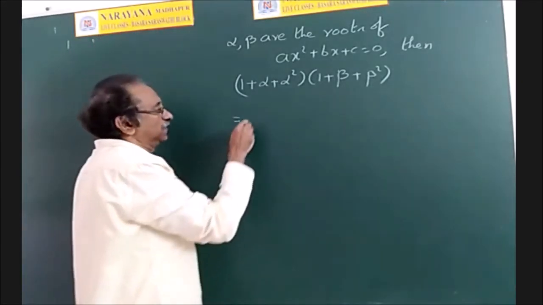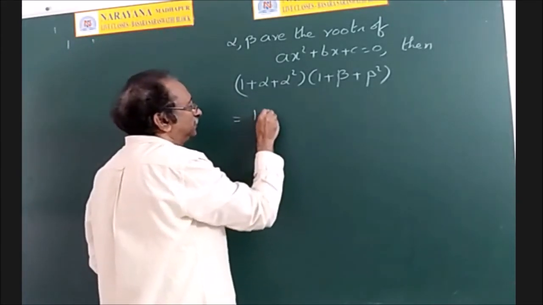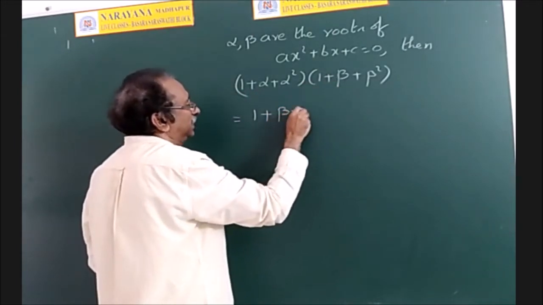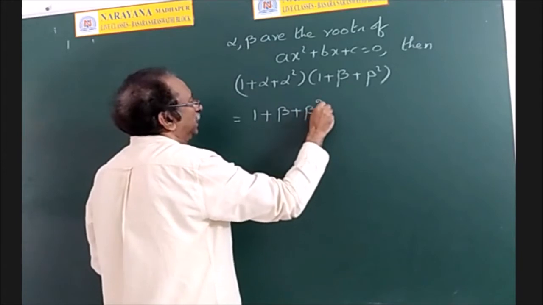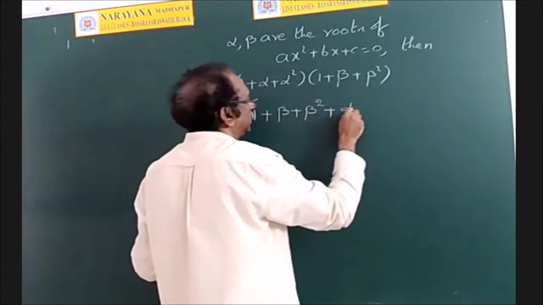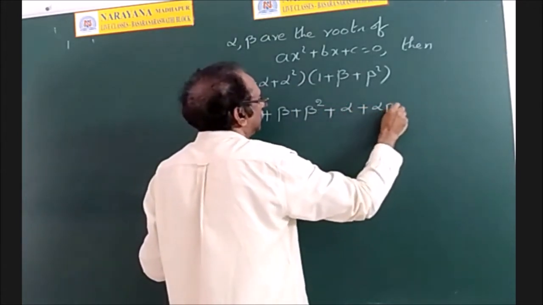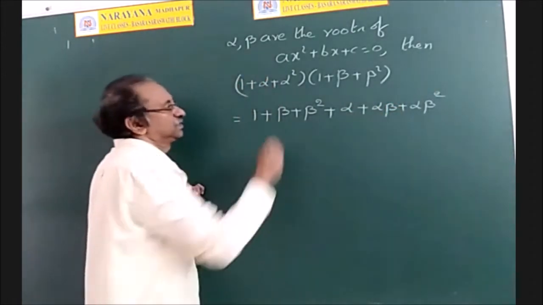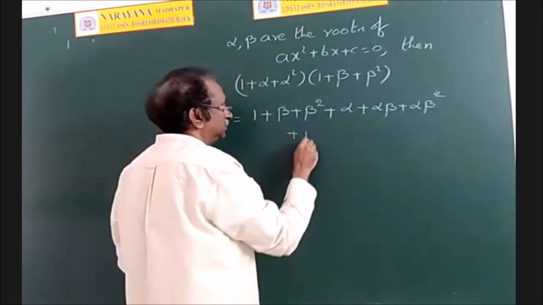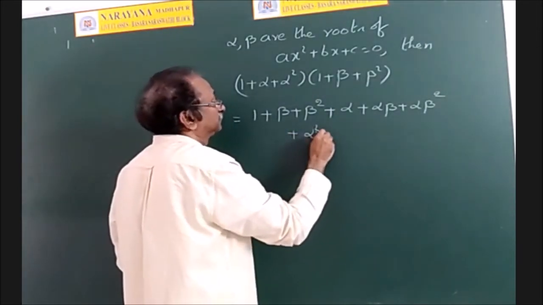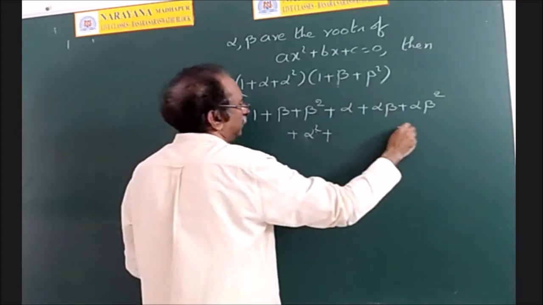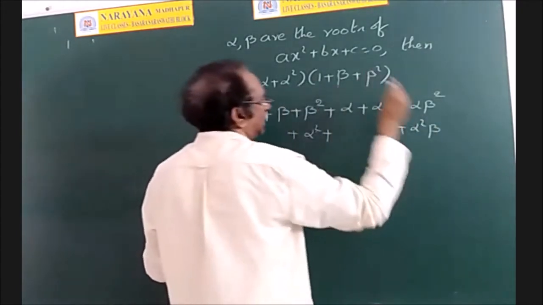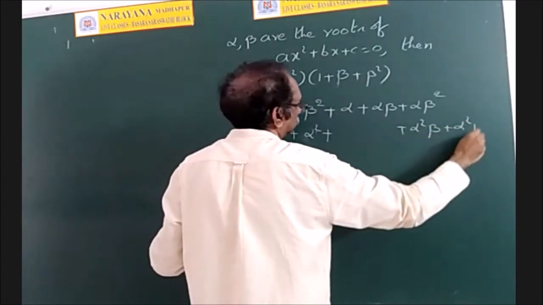And therefore, I will first expand this. So 1 plus 1 into beta square plus alpha into 1 plus alpha into beta square, and after that plus alpha square plus alpha square beta plus alpha square beta square.